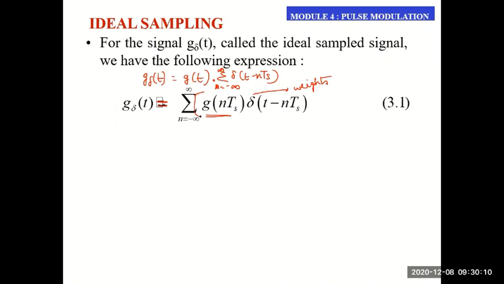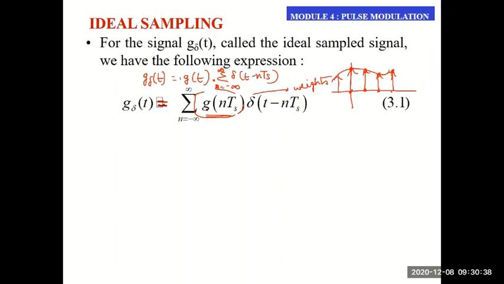Remember how the signal looks? The signal is something like this and I'm going to have impulses like this. Each of them represents a shifted impulse, delta t minus nTs. Each of them will have some amplitude. That amplitude depends on the given signal g of t.